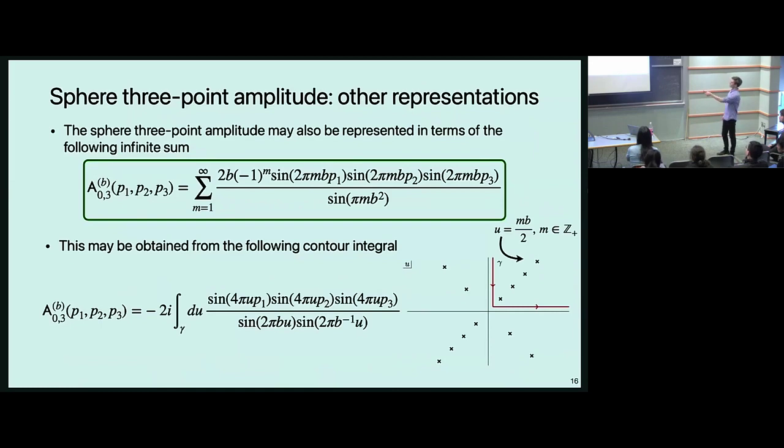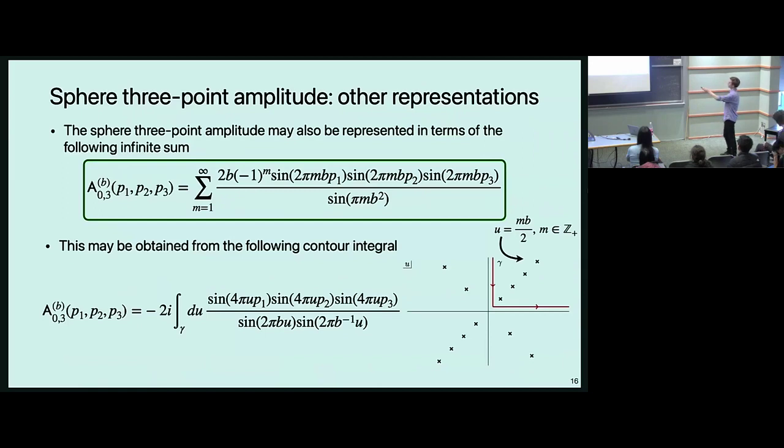Now, this obscures basically all of the nice properties that I told you about in the previous slides. And to convince yourself that it satisfies the properties we need it to, we note that it can be obtained from a contour integral of this quantity over the following contour. So this integrand has 4 rays of poles, basically at multiples of b over 2 and b inverse over 2.